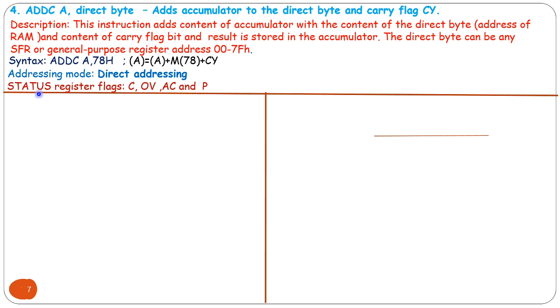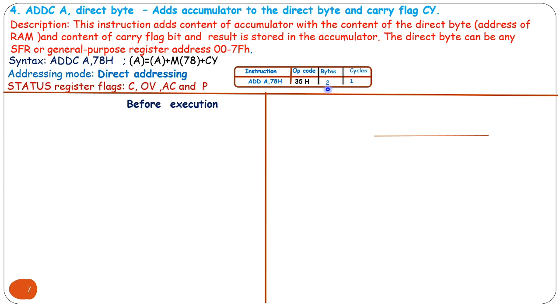These status register flags get changed: carry flag, overflow flag, auxiliary carry flag, parity. So this instruction has the operation code 35H, that is ADDC A, 78. So this gives the address of memory, number of bytes 2 and machine cycle 1.